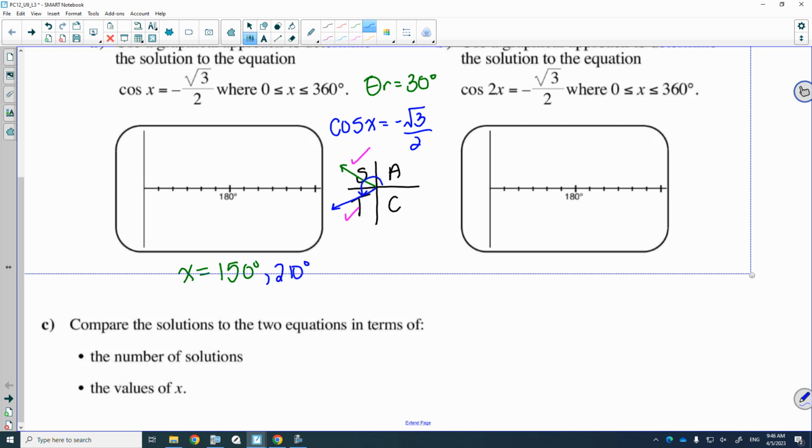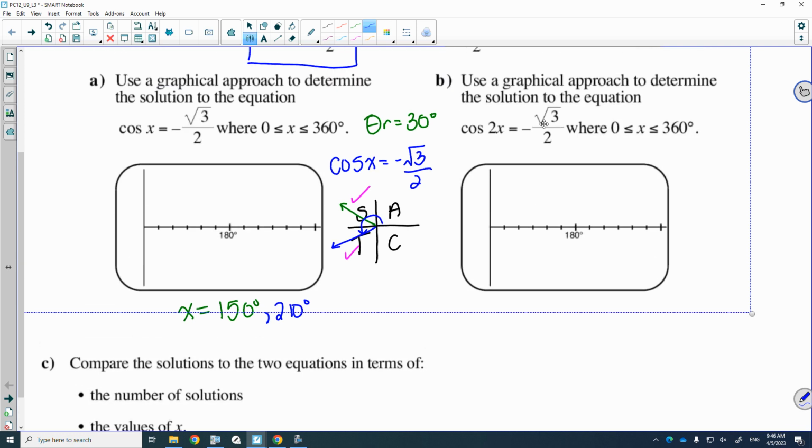Okay, so now what we're going to do is we're going to figure out the solutions for this one. So let's write it off to the side. Cos of 2x, so a double angle for cos, is equal to negative root 3 over 2.